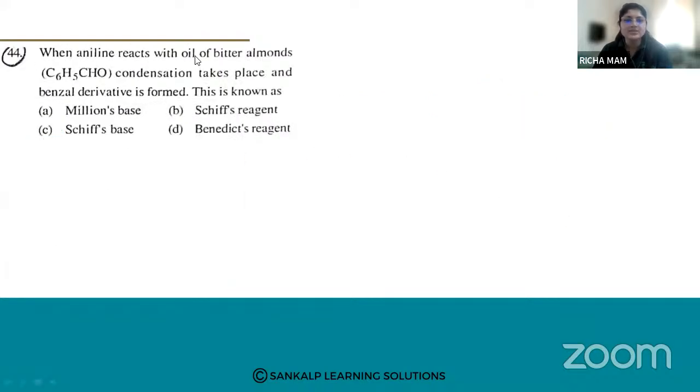So when aniline reacts with oil of bitter almonds, condensation takes place and a benzyl derivative is formed.